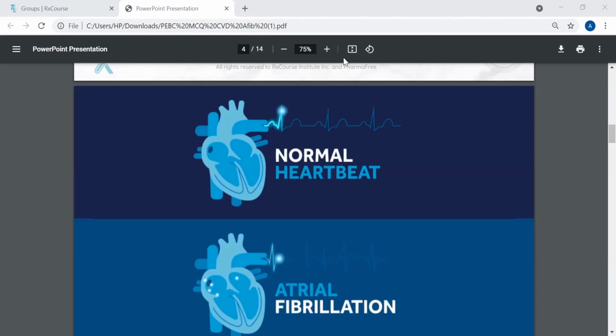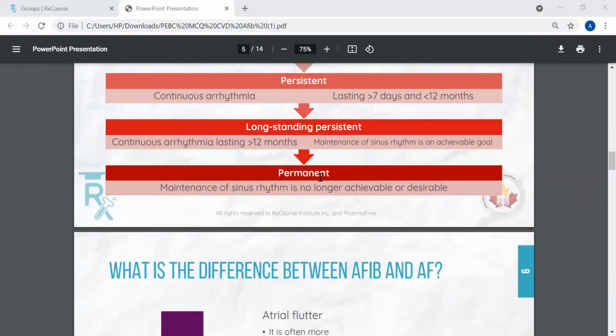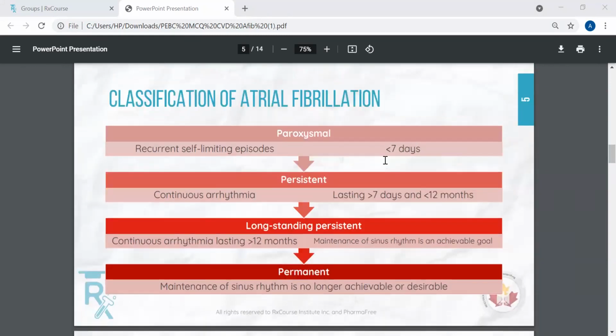Also the coordination between the atrium and the ventricle is lost. This is why the rate might reach 200, 250, and even more, because the atrium is contracting without any control.